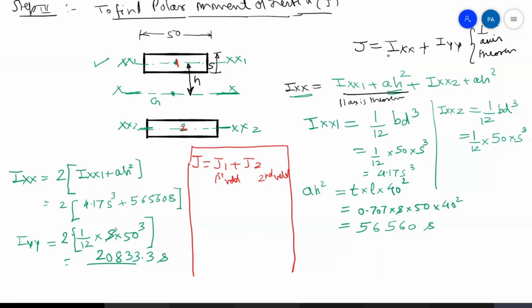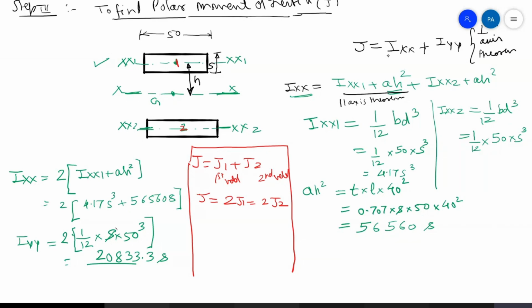J1 and J2 both are equal. So what can I say? J is equal to 2 times J1, which is equal to 2 times J2. Are you getting this? J is the polar moment of inertia, equal to the polar moment of inertia of the first weld plus that of the second weld, and that will give us J. J is the polar moment of inertia of the entire weld system.